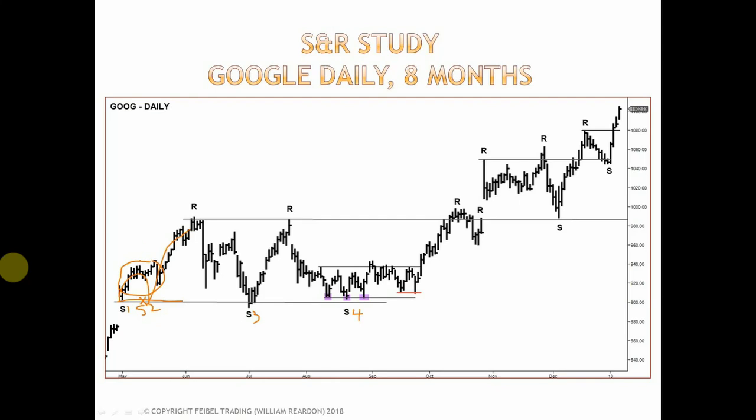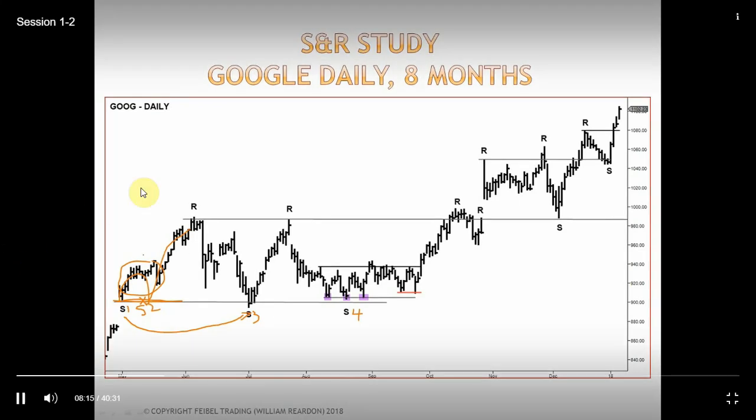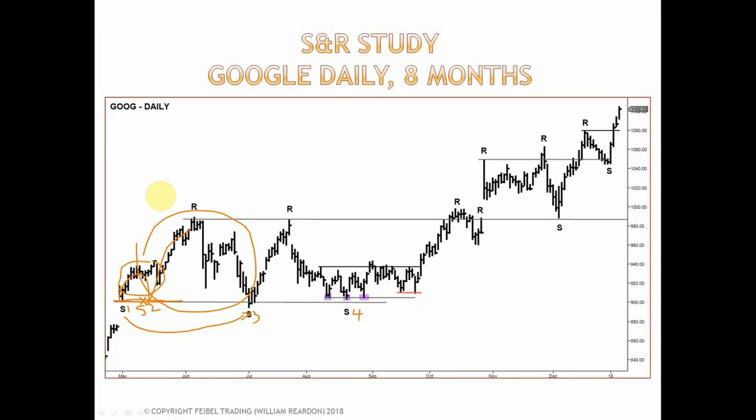Okay, so how can I put this? So our support S1, S2 here is not as strong as our original S1, S3. S1, S3 here contains all this price. This S1, S2 only contains these 9 or 10 bars. Now, bear that in mind.